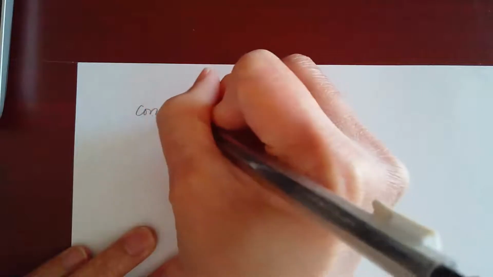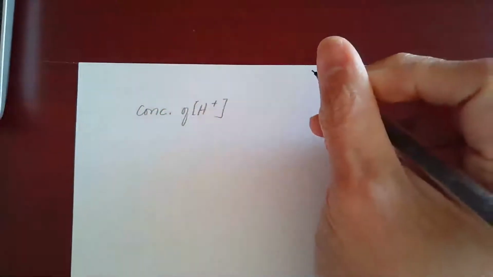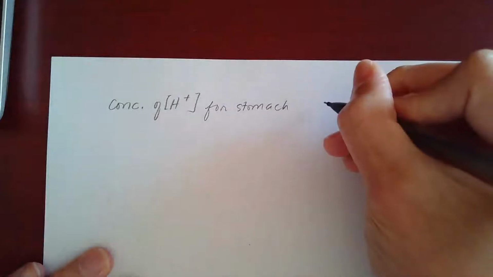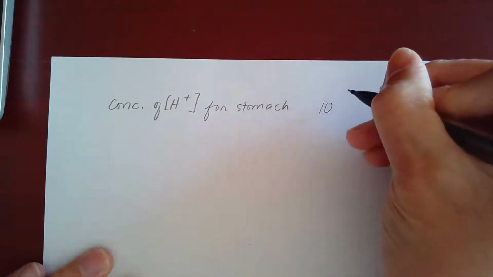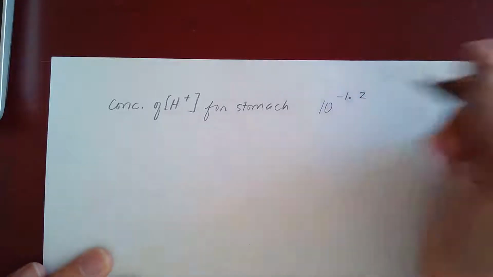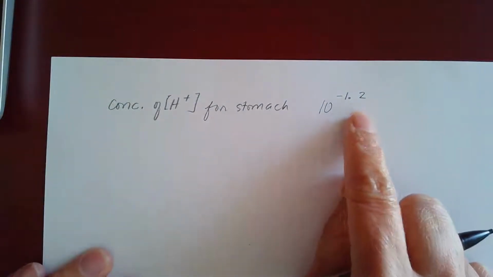So we know that the concentration of hydrogen ion for the stomach is 10 to the negative 1.2, right there.